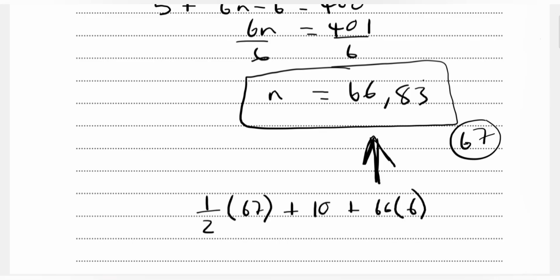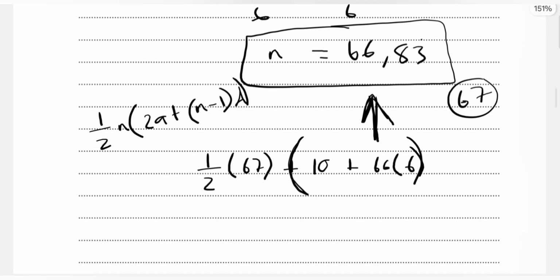And all this is in a bracket, so it's half n, then we have 2a like that. This is in a bracket because the formula is what? Half n, 2a plus n minus 1 d, like that, right?